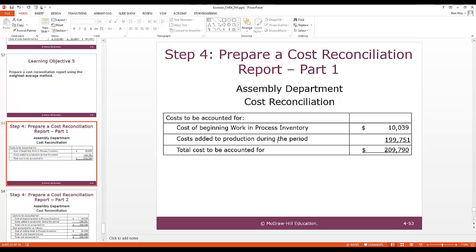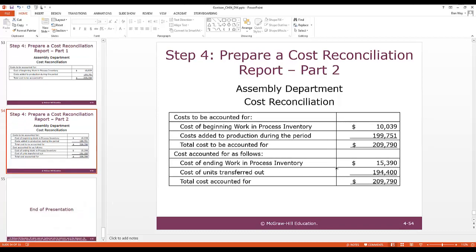And we have to account for the costs that were added to production during the period. So in this example, we had a little bit kicking around at beginning work in process, and then we dumped almost $200,000 into the process during the period. So our total cost to be accounted for was $209,790. That becomes our starting point for this reconciliation.